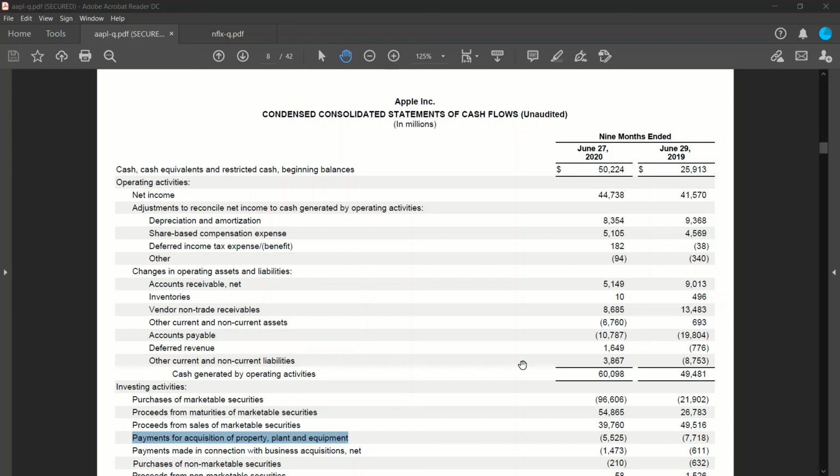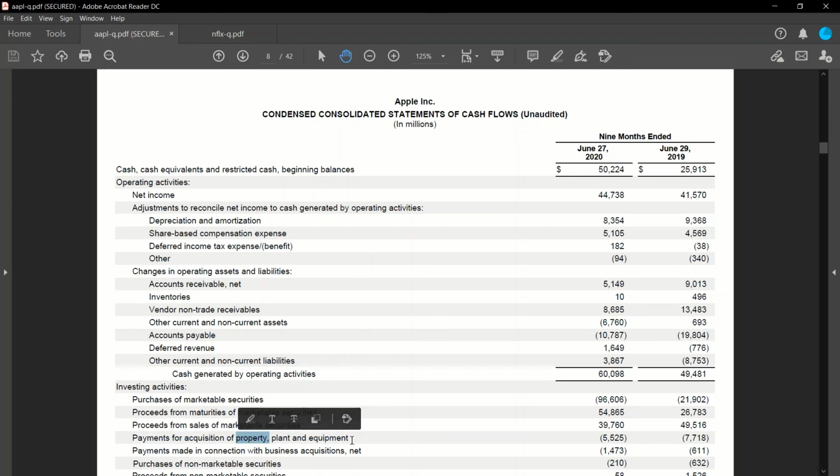So it's an example of how you calculate it here. Just go to the statement of cash flows, find the ending cash flow from operations, and subtract CapEx, which will often be denoted as purchases of property, plant, and equipment, PPE. So that's how you can get a truer sense of the profitability of a company when you're reviewing its financials.